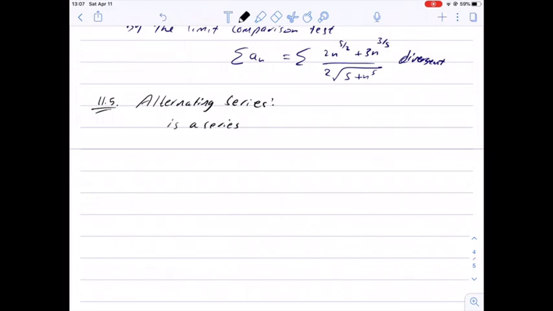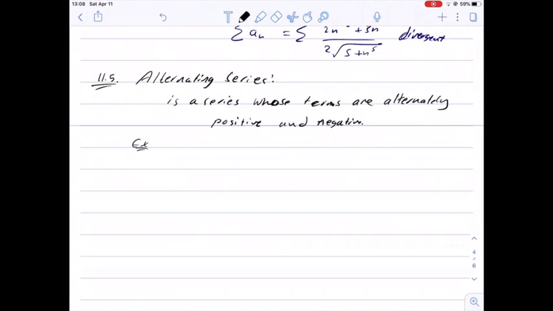An alternating series is a series whose terms are alternating, that means alternately positive and negative.